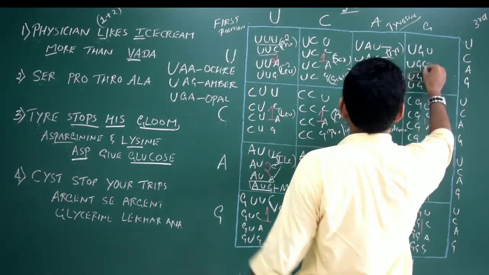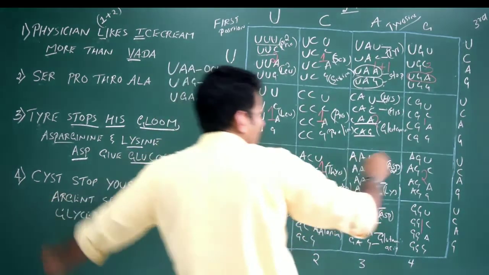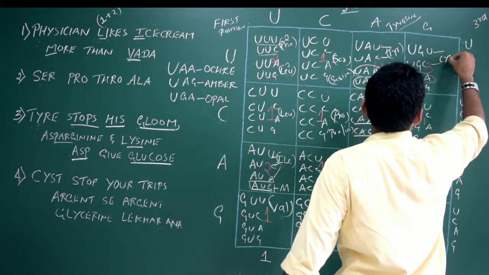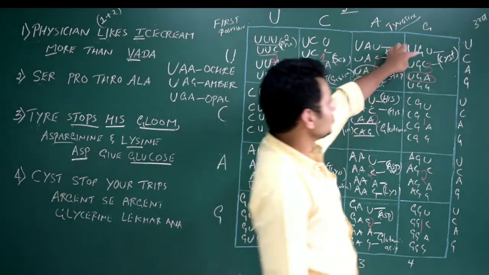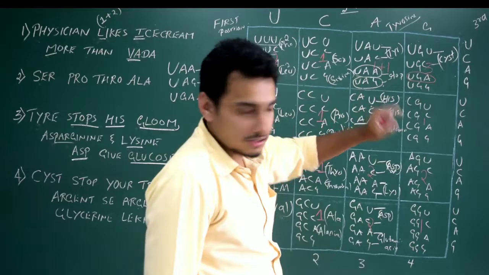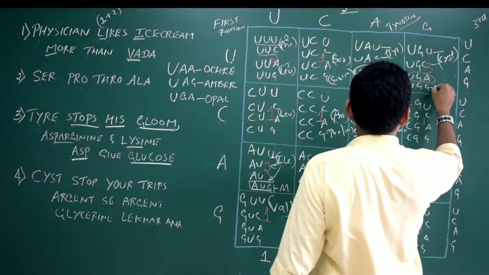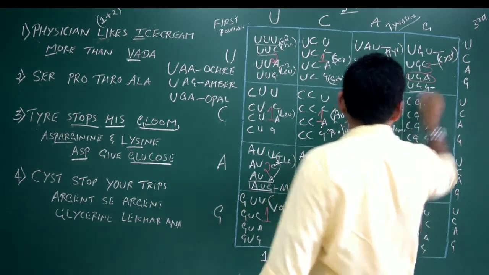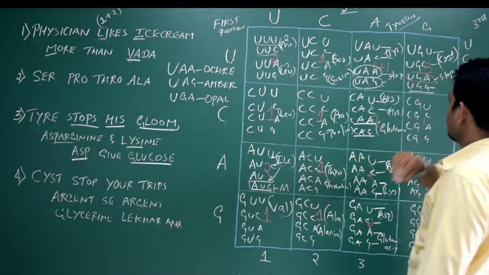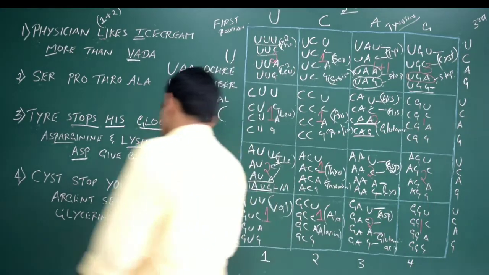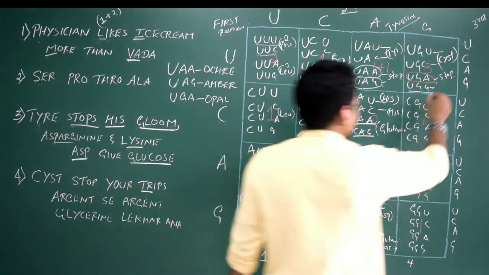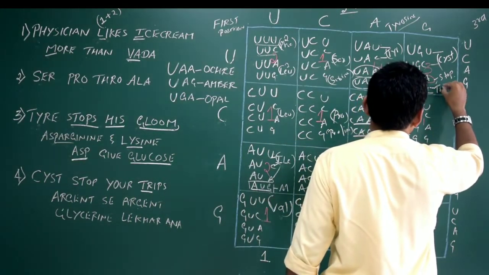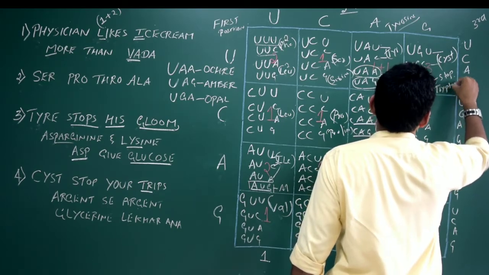Here UGU and UGC code for cysteine. Next, one more amino acid is coded by UGG, that is tryptophan.